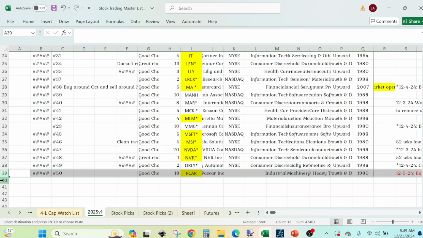The next one is REGN. So REGN, the price is right there. If I put my mouse here, you can see the horizontal axis line tracing.